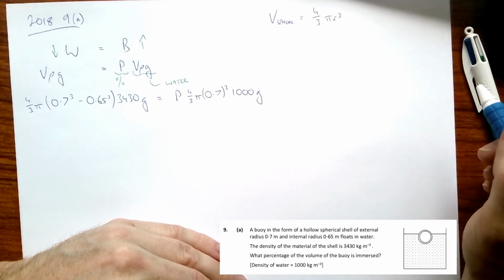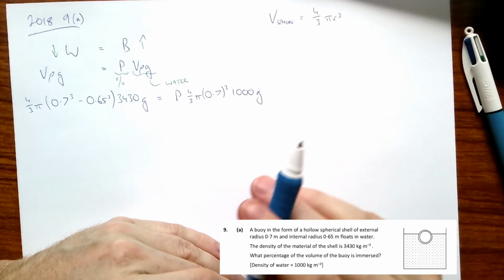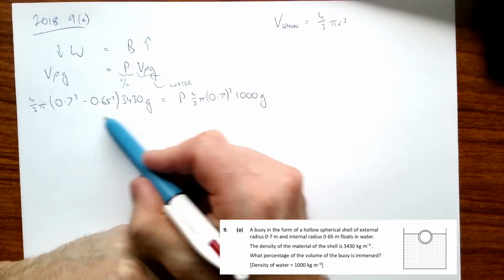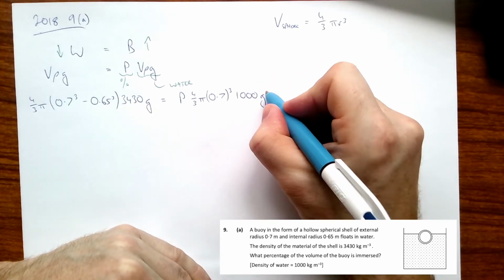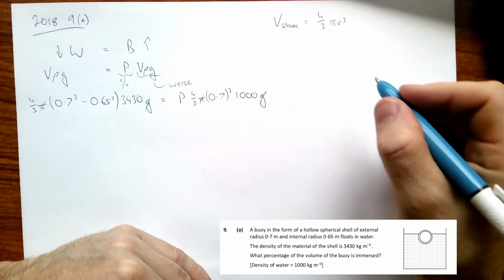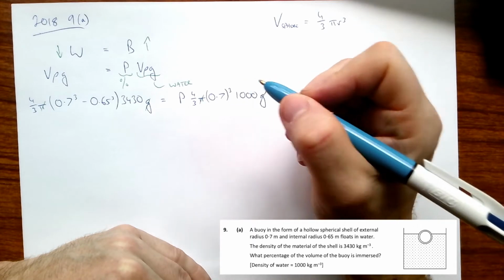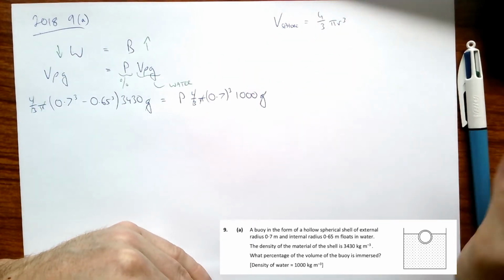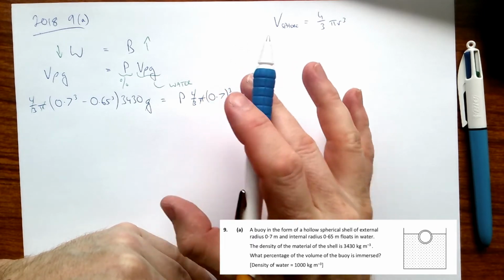Now, we can begin to make this a little less painful by doing a couple of cancellations. So just check that we've got full equations each side. We'll knock out g, and we'll knock out pi. And actually, while we're at it, we can knock out 4/3. Okay, now, without changing anything else, I'm just going to see what I have left.